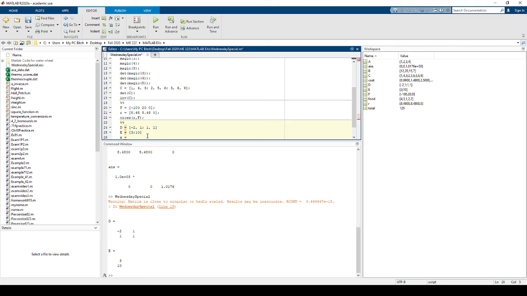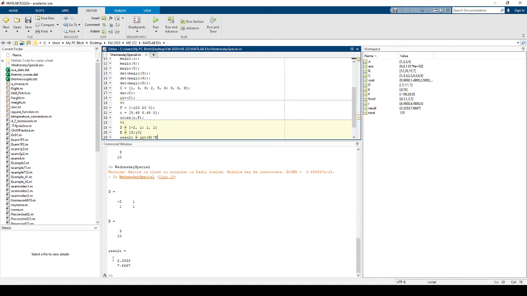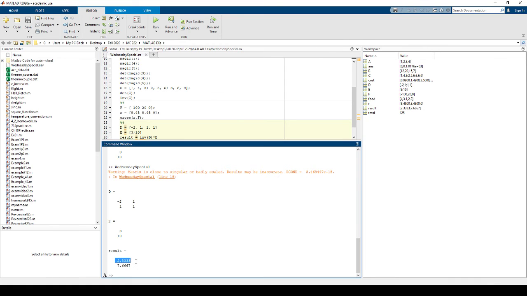You can call it x, or whatever. For the final, you can just call it result, is equal to the inverse of, not A, for our case it's D, times E. I thought it was F. So inverse D times E. Hopefully this gets you our answers: x will be equal to 2.33 and y is equal to 7.667.